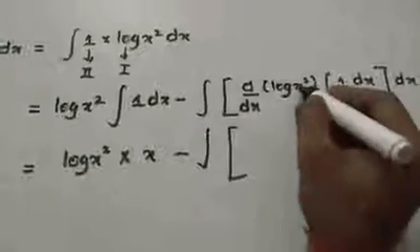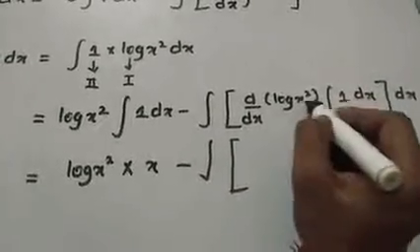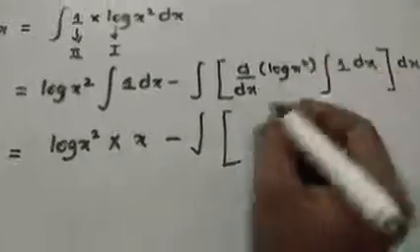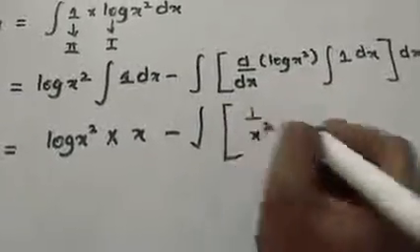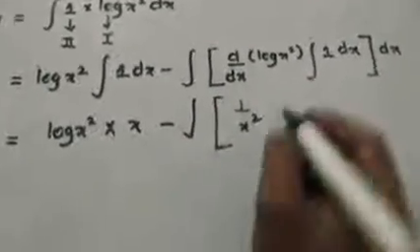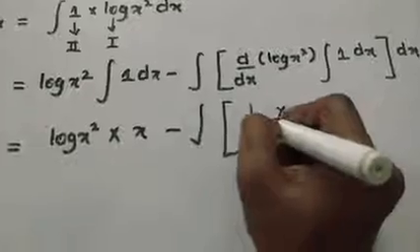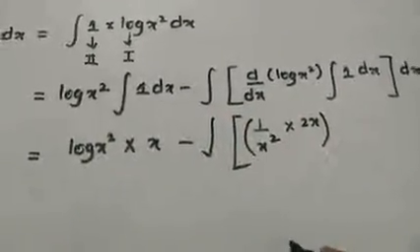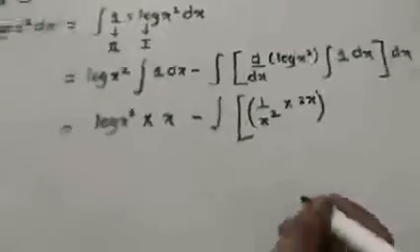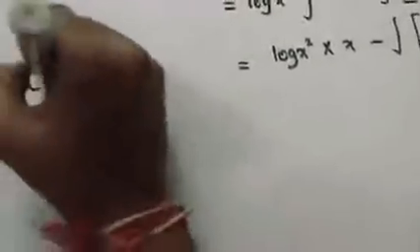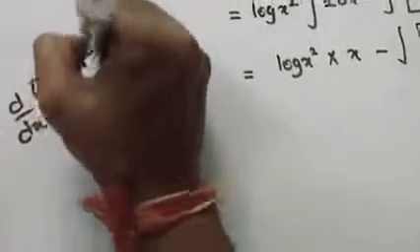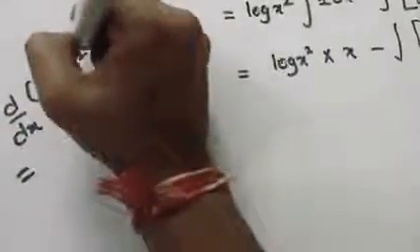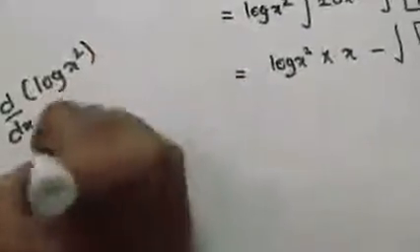First of all, for log, whatever is inside directly comes as 1 by x square. Now by chain rule, d/dx of x square is 2x. So this is the derivative of log x square. In rough I am showing that part, d/dx of log x square.